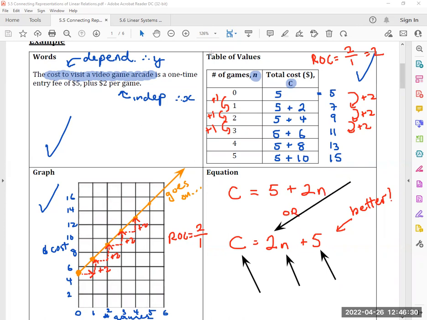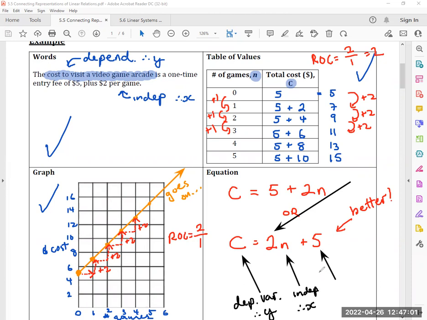What is C again? Well, I'll fill that in for you. That's my dependent variable. Right? Therefore, that's my y value. What about n? Not rocket science. This would be the independent variable, therefore it's my x.